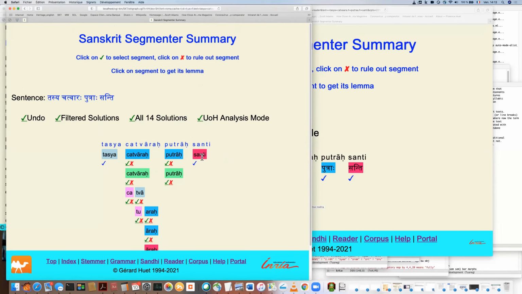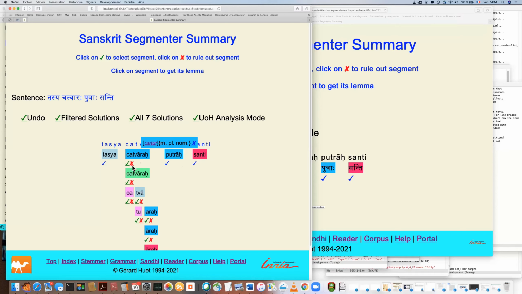This is this Socratic method. You're asking questions. So they are. Who are they? Oh, they are the Putras. Yes. Here you want the Pratama Putras. And here, this is in agreement. Chatvara, it's Pratama, Bahuvachana, Pumlinga.